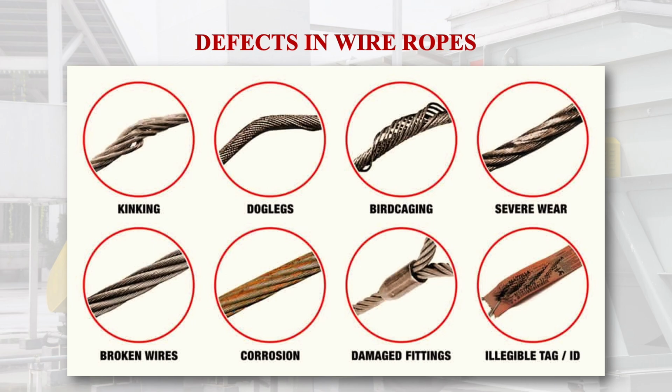Another defect is dog-legs, and so many other defects may be there, such as wide cage, birdcaging, broken wires, corrosion and damaged fittings, and some more.